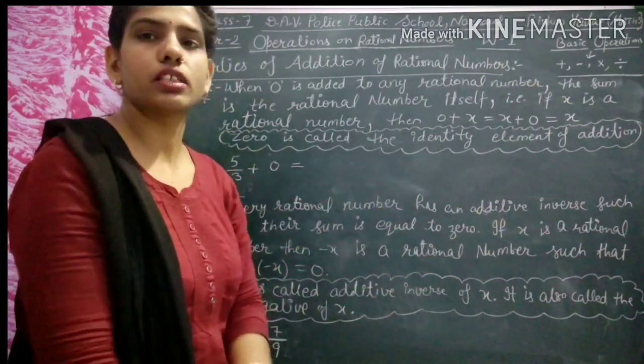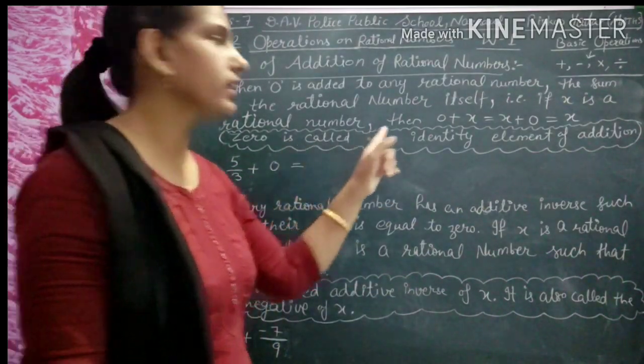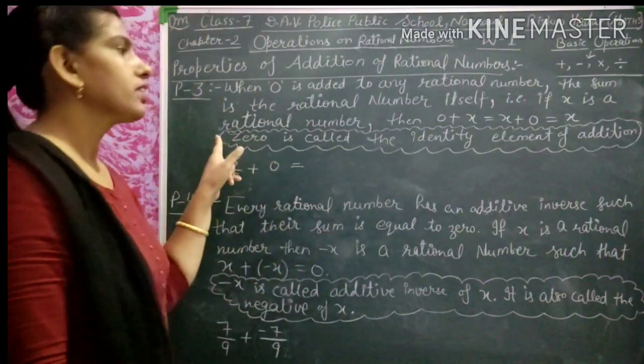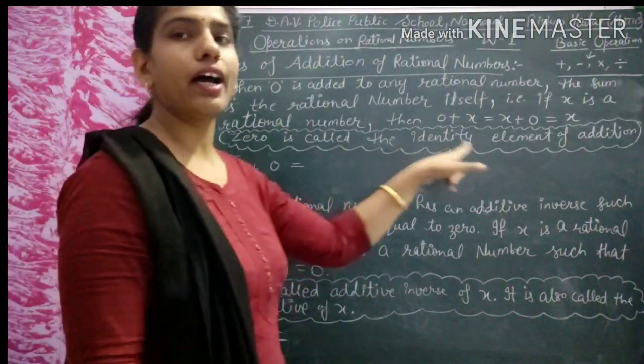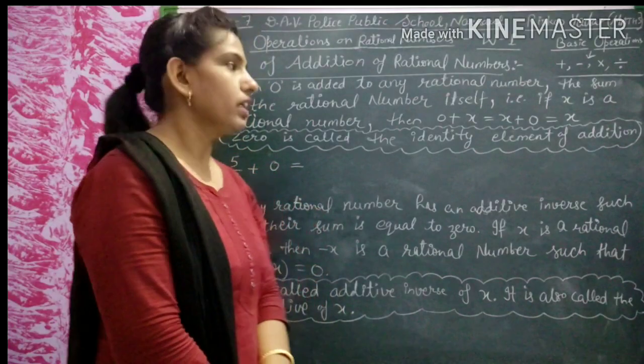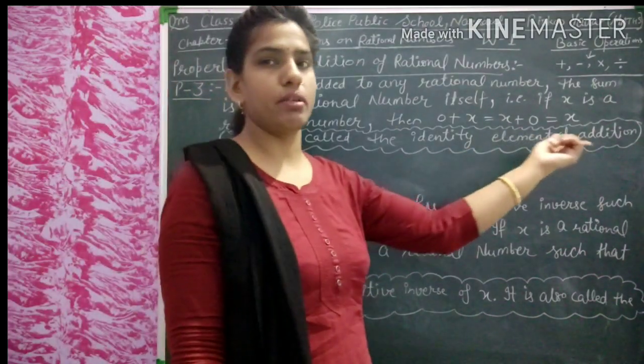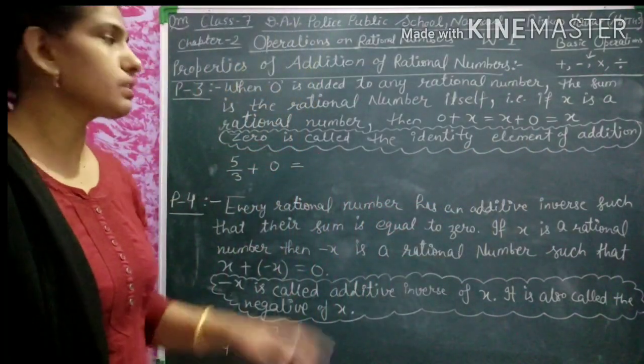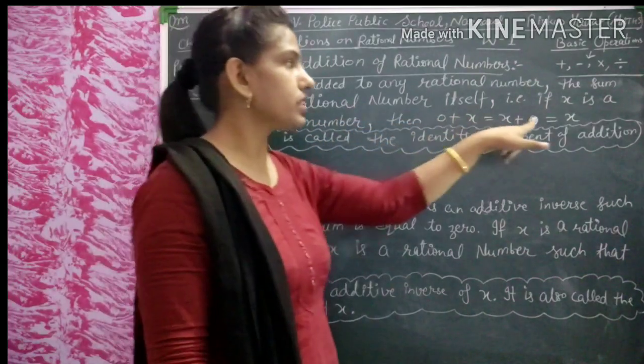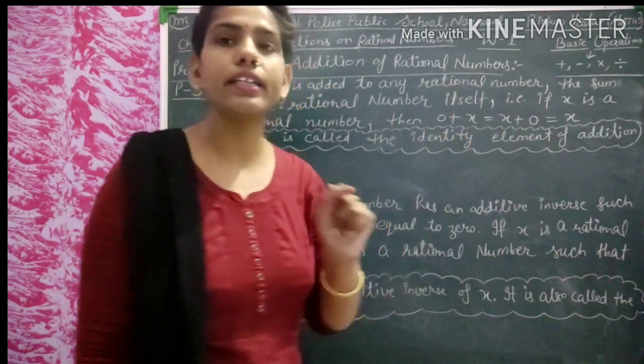In this property, 0 is called the additive identity, the identity element of addition. In this property, 0 is the identity element.